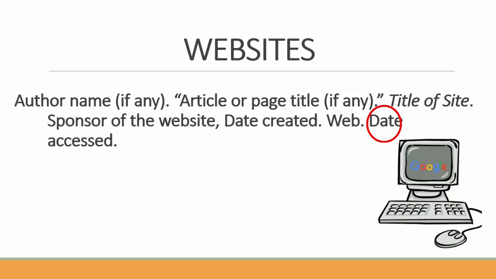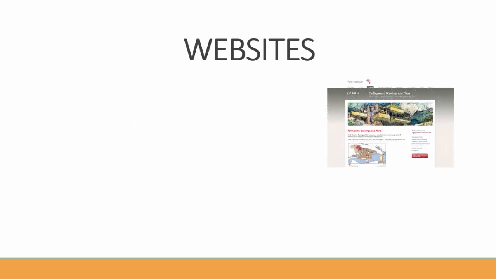Again, notice the order of information, the punctuation between the types of information provided, the title of the site in italics, and the second and further lines indented. In our case, there was no author listed. We were looking at the page titled Fallingwater Drawings and Plans, and the site is sponsored by Western Pennsylvania Conservancy.